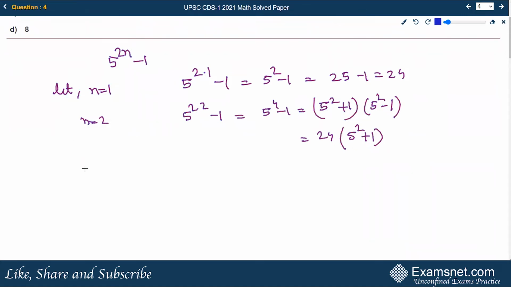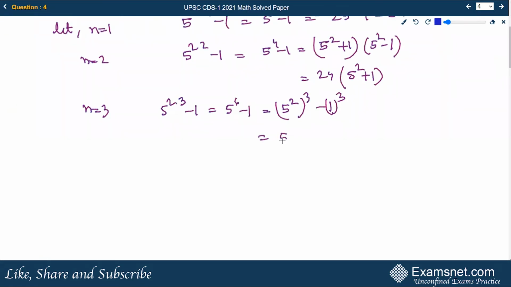Now if we put n equals 3, we get 5 to the power 6 minus 1. So we can write it this way also, expanded as a cube minus b cube. So here 5 square minus 1, 5 to the power 4 plus 5 square plus 1.